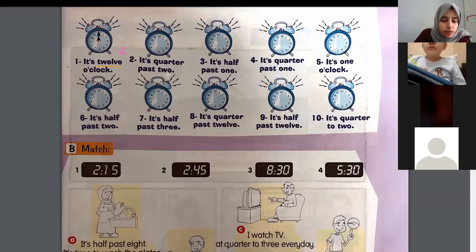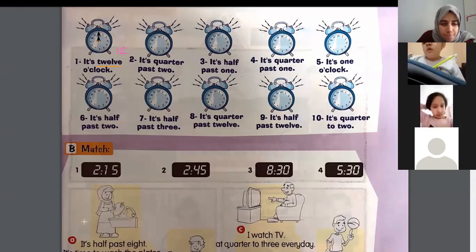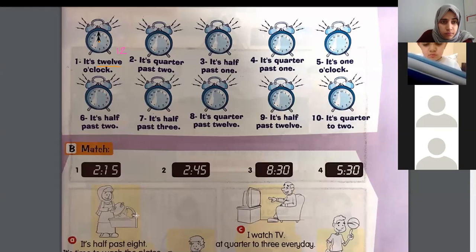The next one is 2:15. So if I'm saying 2:15, Bushra, do you want to help me with this one? Okay. So I'm looking at 2:15. So where does this mean the long hand should be?